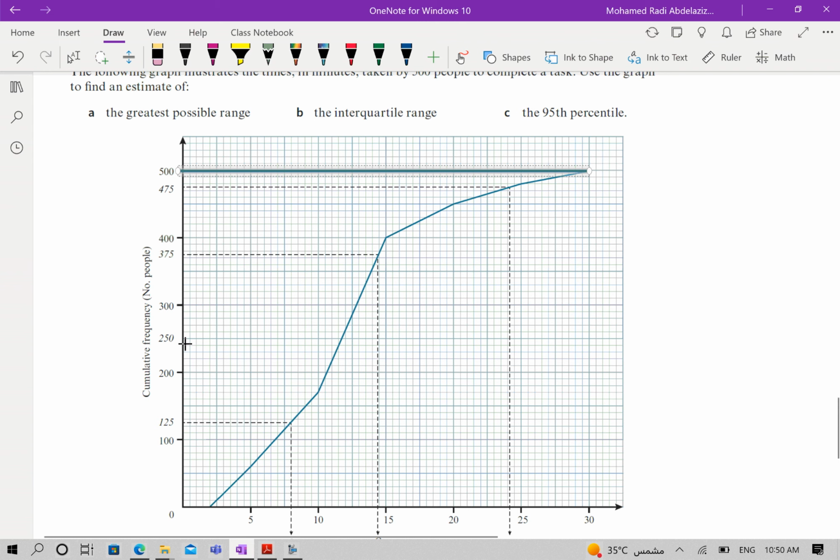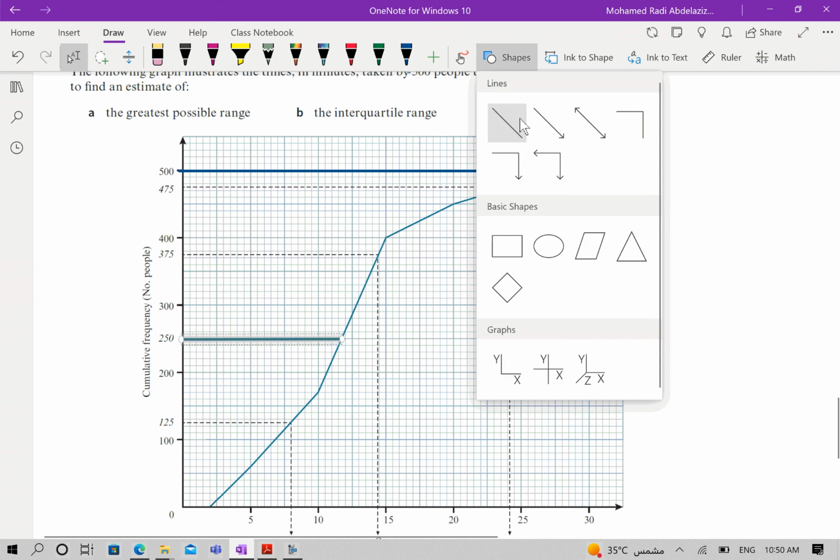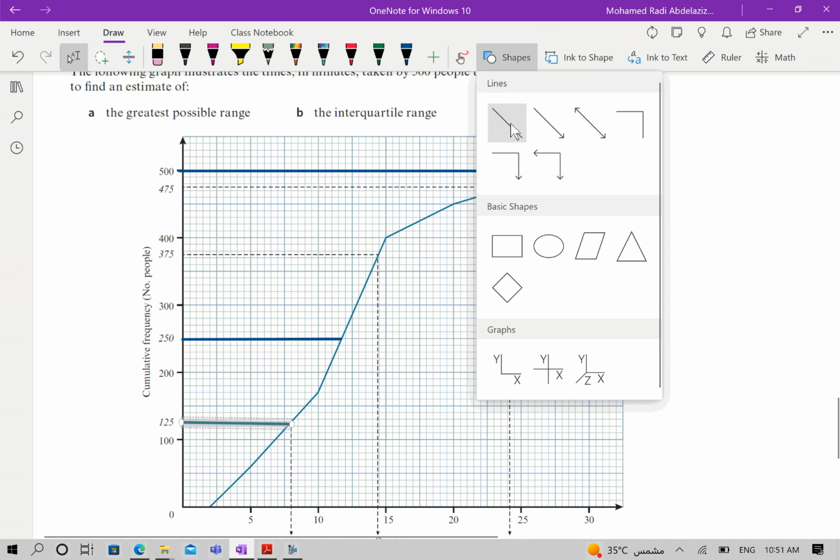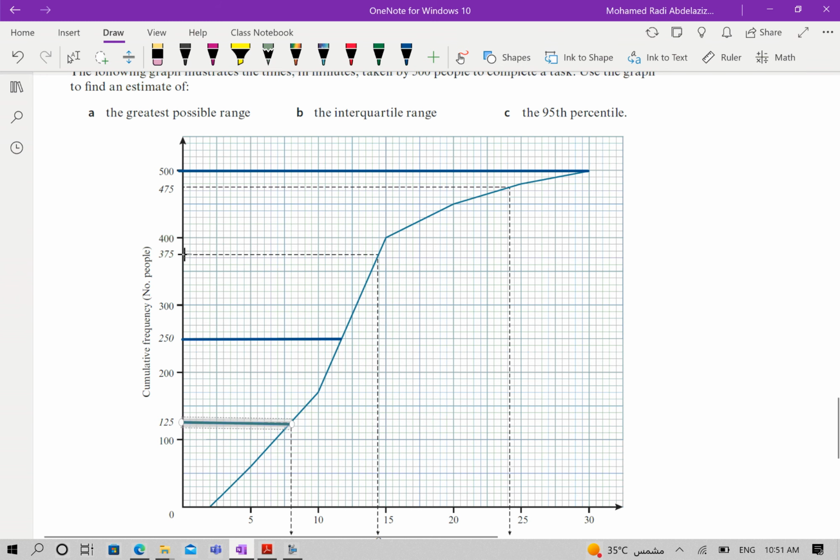The corresponding value of 250 represents the median. If you divide it by 4, it will be 125. This is the order of Q1. If you take 3/4 of the value, it will be at 375.